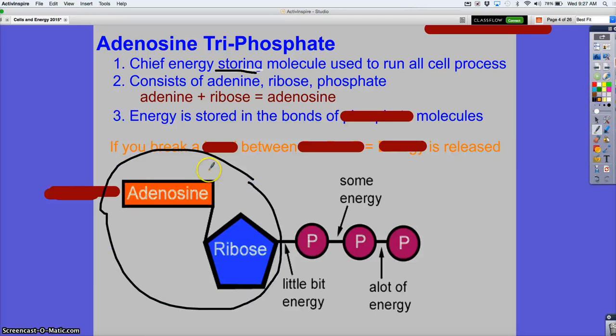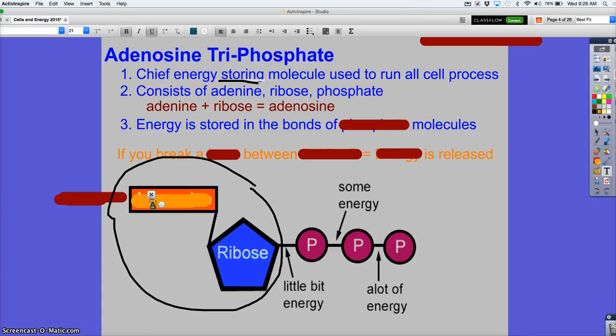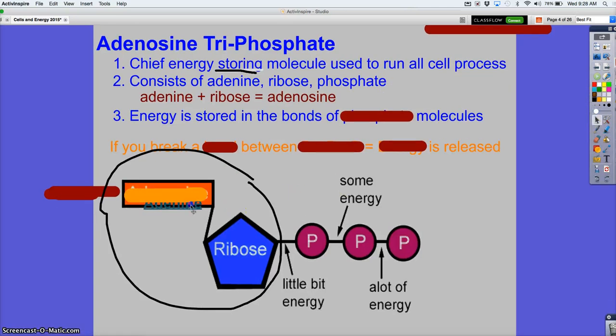I'm going to take this orange right here and crop it out. I'm going to make it bigger, and put in the word adenine. No, adenine is the first block. Together, adenine and ribose make up adenosine, okay?